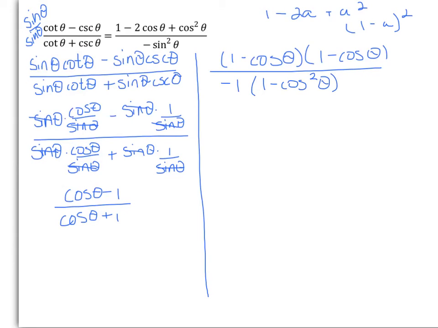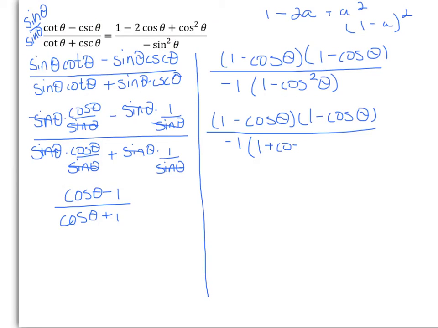Now I have to remember a lot of my factoring rules. My numerator will stay the same. But I look at my denominator, and that's a difference of 2 perfect squares. And so when I factor a difference of 2 perfect squares, I get 1 plus the cosine of theta times 1 minus the cosine of theta.